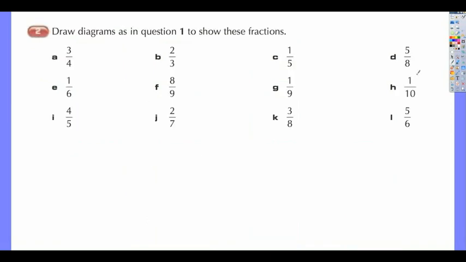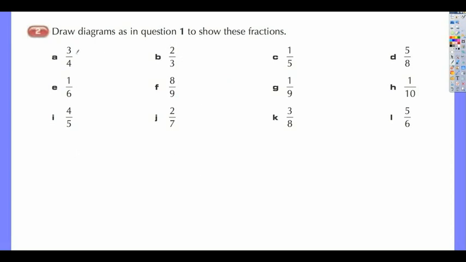For this next question you need to draw diagrams similar to question 1 to show these fractions. So the easiest ones tend to be squares and rectangles, and you want to split it into however many parts the denominator tells you, and then shade in the numerator.